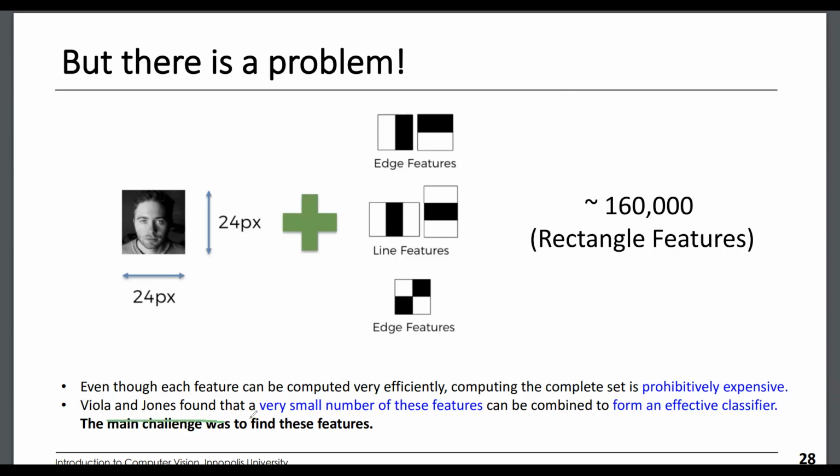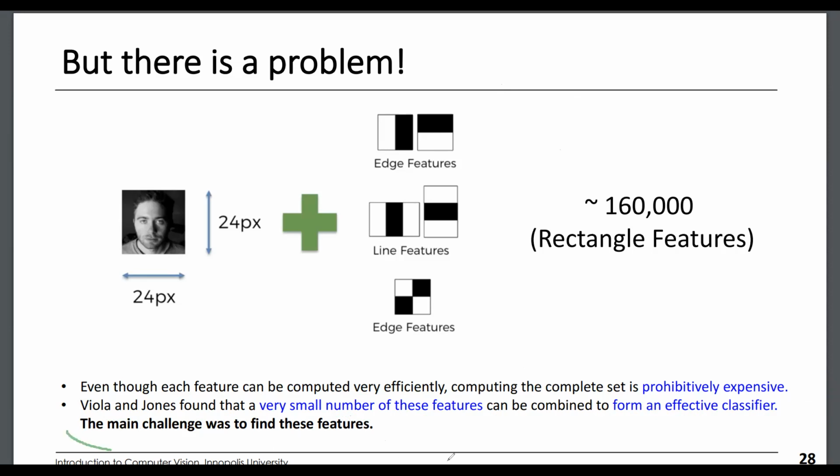So Viola and Jones found a small trick: a small number of these features can be combined to form an effective classifier. And this is the goal of using AdaBoost, or boosting methods, or ensemble methods in general, which is weird that you guys don't study boosting and bagging. That's okay.